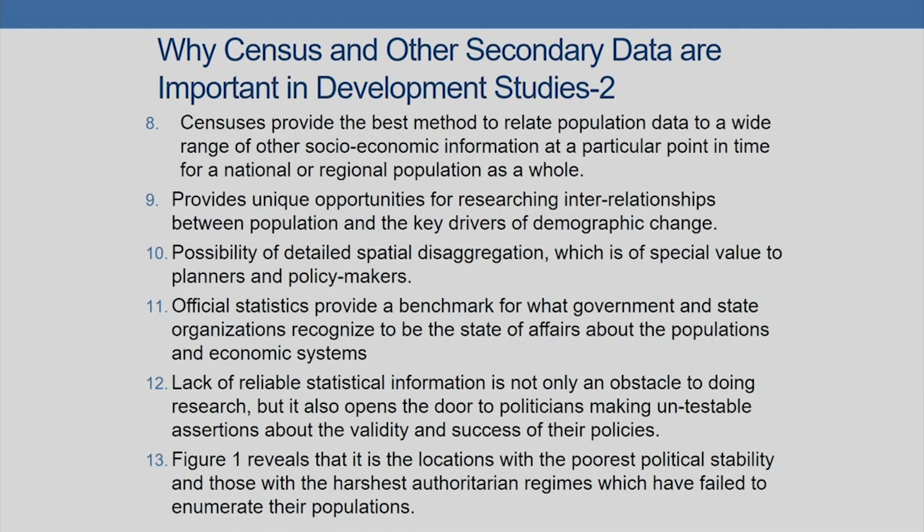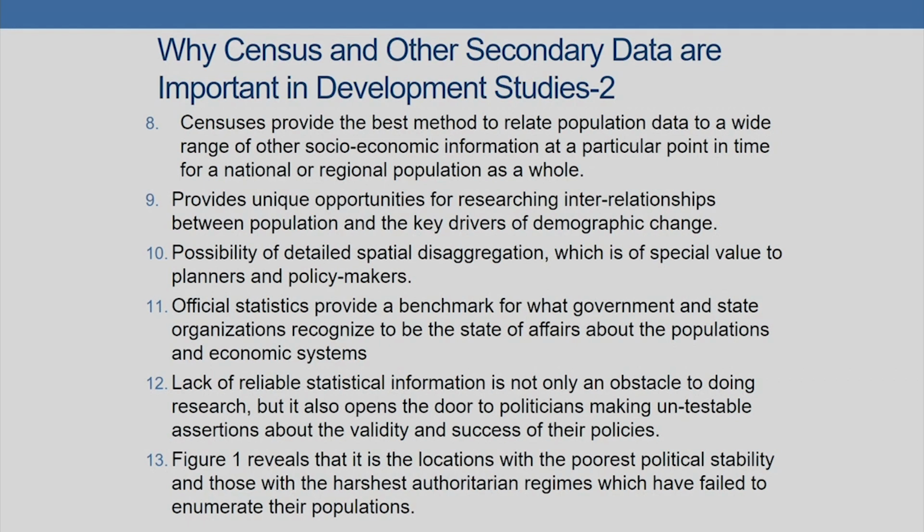Official statistics also provide a benchmark for what government and state organizations recognize to be the state of affairs about the populations and economic systems. Lack of reliable statistical information is not only an obstacle to doing research, but it also opens the door to politicians making untestable assertions about validity and success of their policies. We can take a simple example of literacy rates.